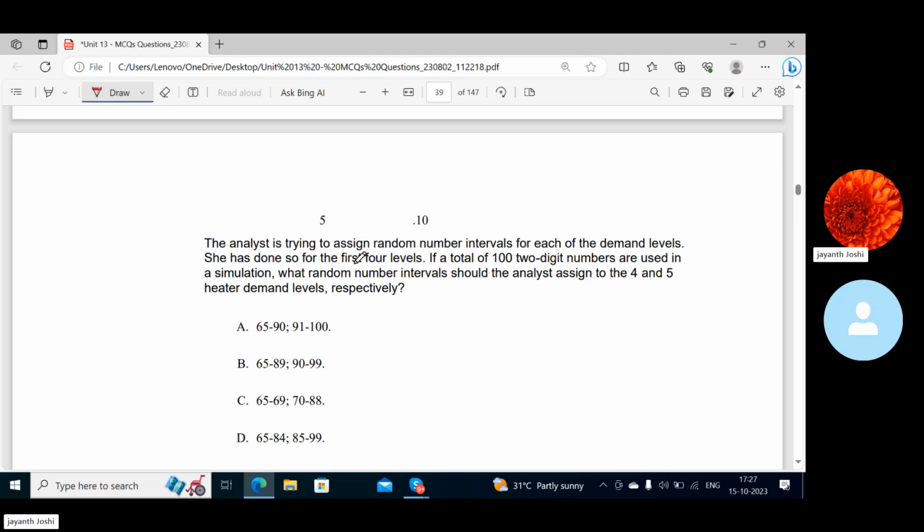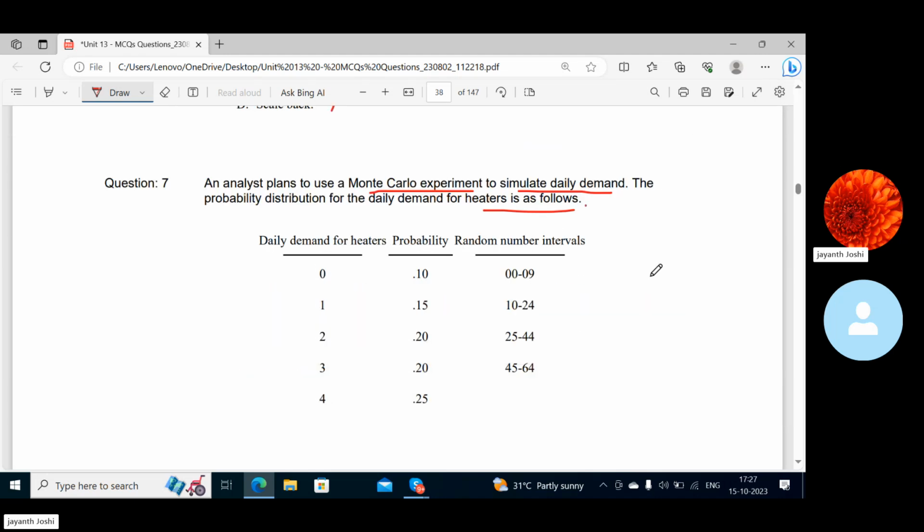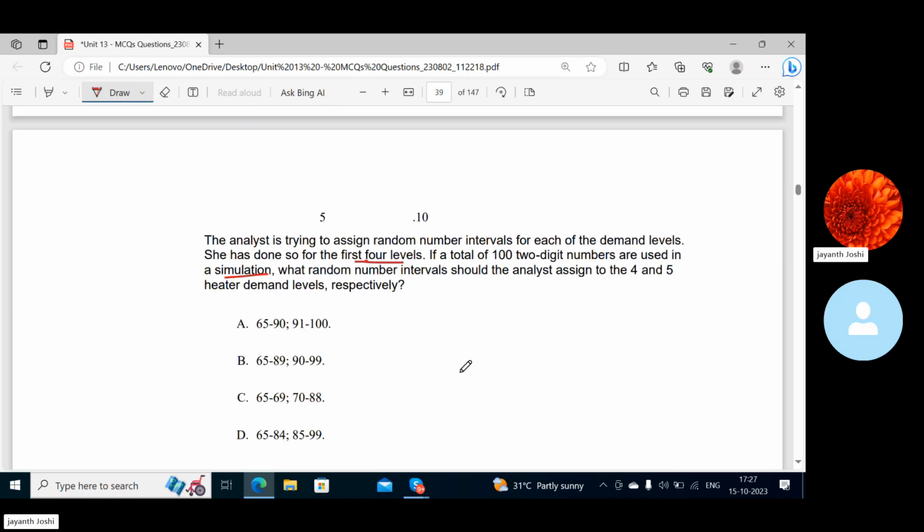She has done so for the first 4 levels. If a total of 100 two-digit numbers are used in a simulation, you can take anything, right? Some numbers and intervals are given here. What random number interval should the analyst assign to 4 and 5 heater demand levels respectively?